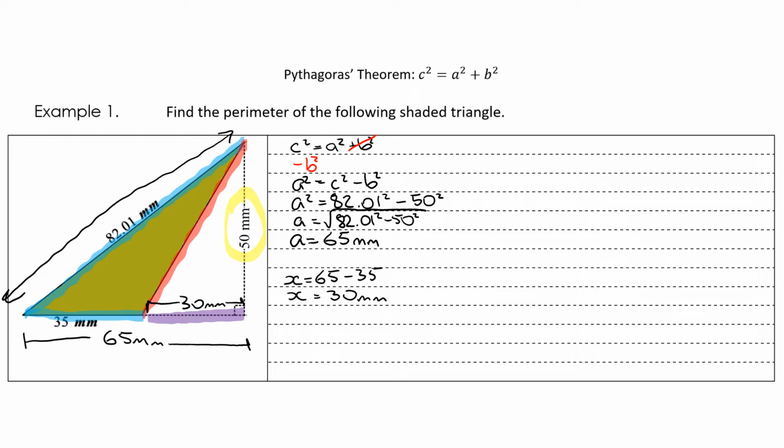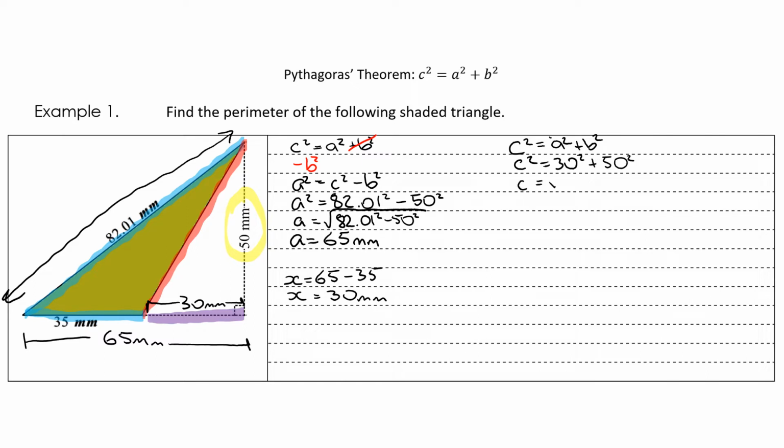So we'll use Pythagoras again. This time we're finding our hypotenuse. So we are using our c squared equals a squared plus b squared formula. And we have c squared equals 30 squared plus 50 squared.